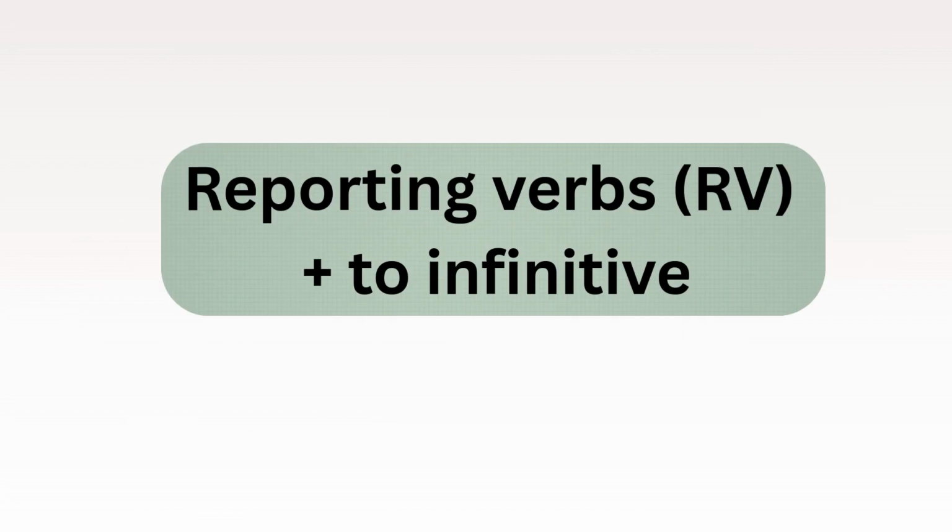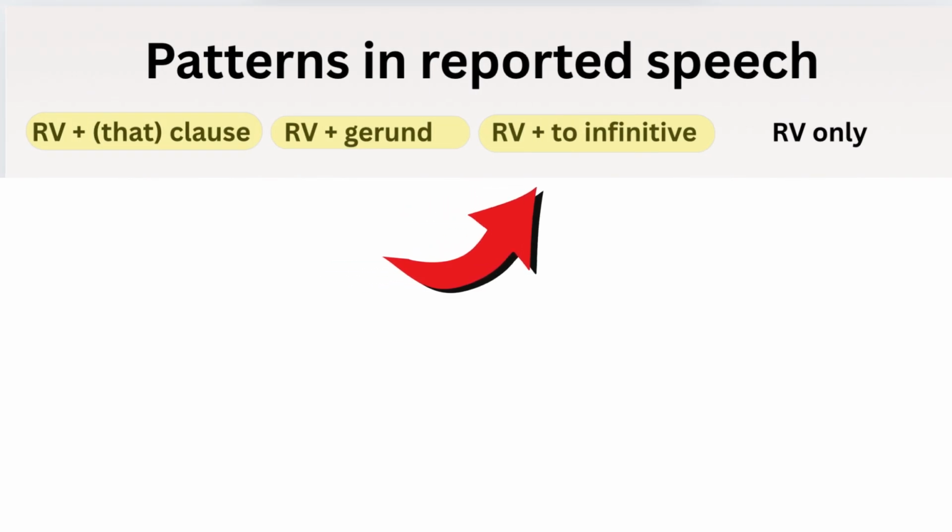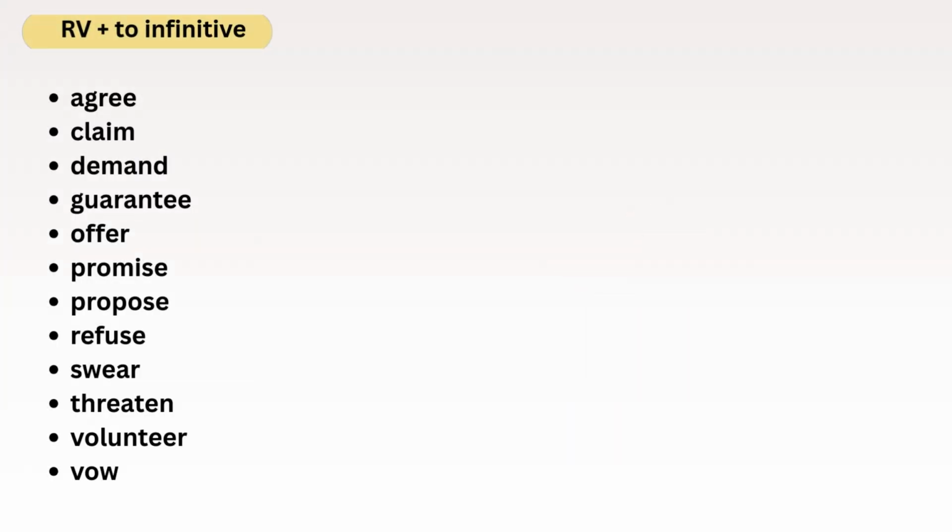Reporting verbs plus to infinitive. Let's talk about this pattern. Here you can find a list of those verbs after which we use an infinitive. Agree, claim, demand, guarantee, offer, promise, propose, refuse, swear, threaten, volunteer, and vow.